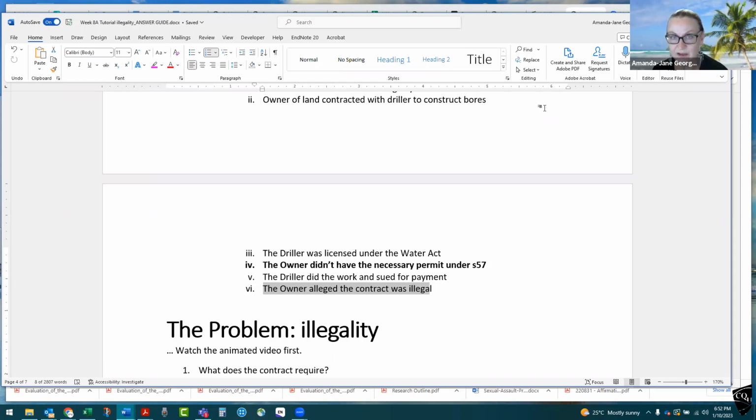So that would have been implied. Actually, no, that would have been expressed. What's a better example? Oh, no, that's right. If it said it's illegal to drill holes on a property where there's no license, then a contract to do that conduct would be impliedly illegal.